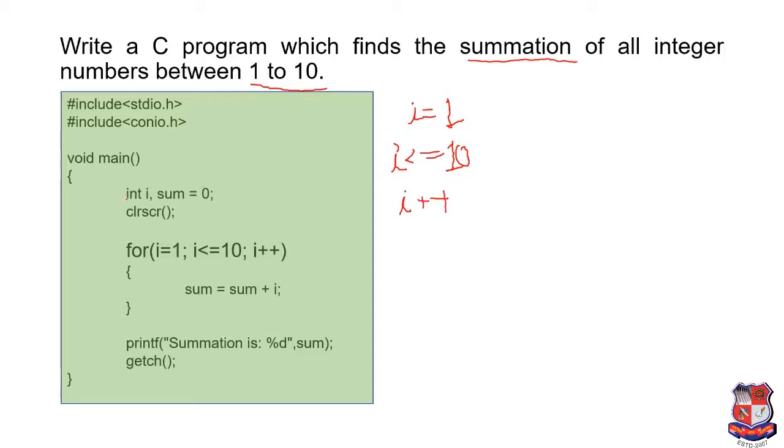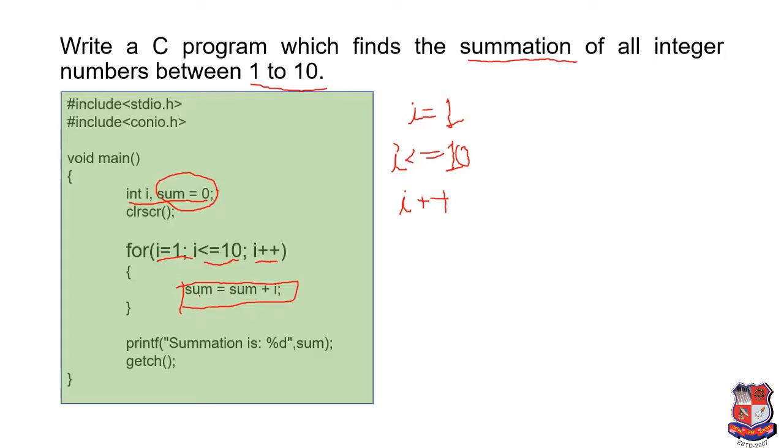You can check over here, we have declared the variable i, and we have also declared and initialized the variable sum to 0. Then we are mentioning i equals to 1 as the initialization, then i less than or equal to 10 as the condition, and we are using increment over here. Then inside that we have written sum equals to sum plus i.